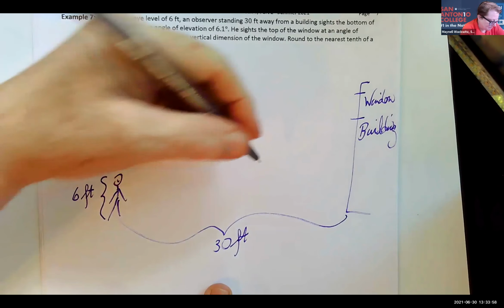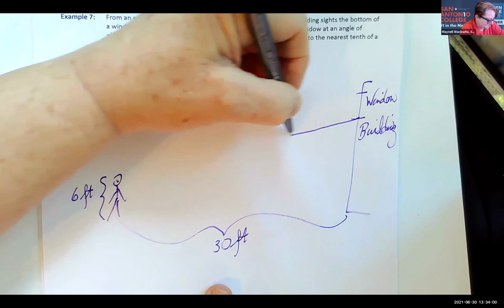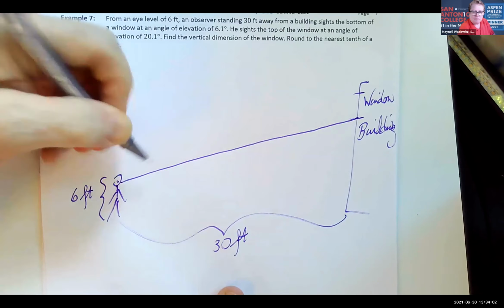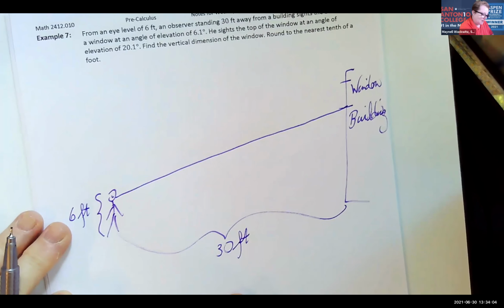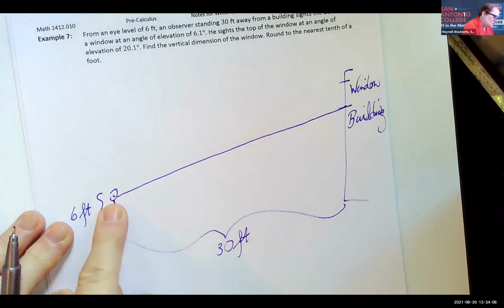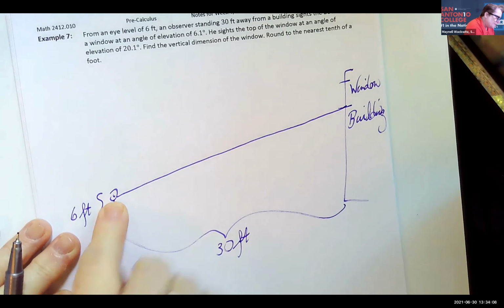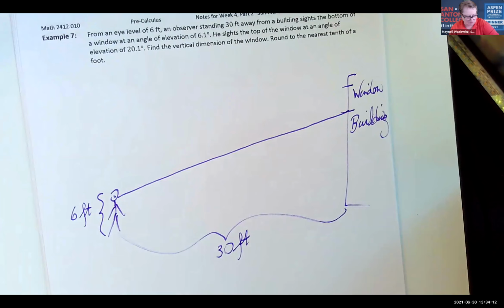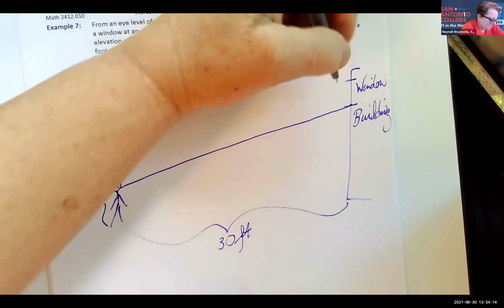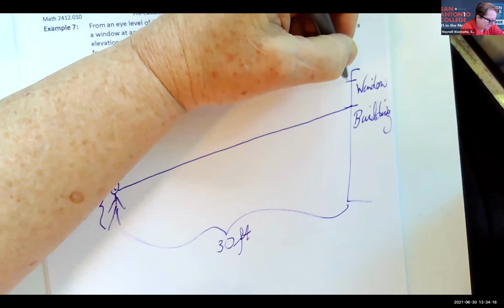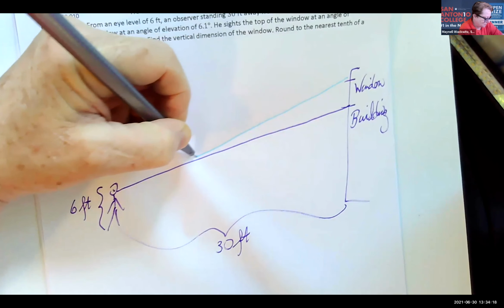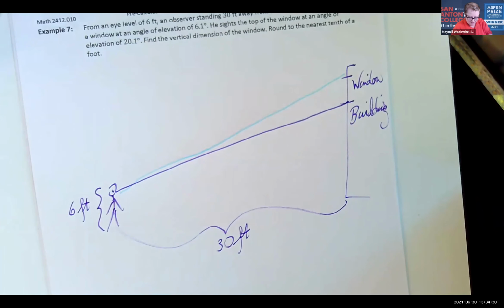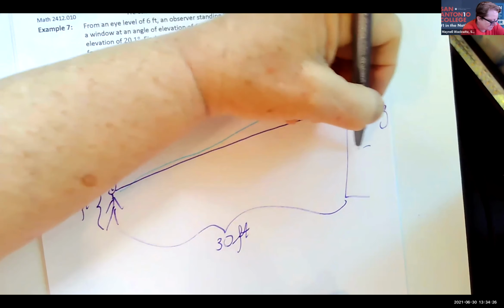So we've got the line of sight of the bottom of the window with the person's eyes and the line of sight of the top of the window. I'm going to use a different color. The top of the window with a person's eyes. And they're going to tell us both of those measurements with respect to the horizontal.